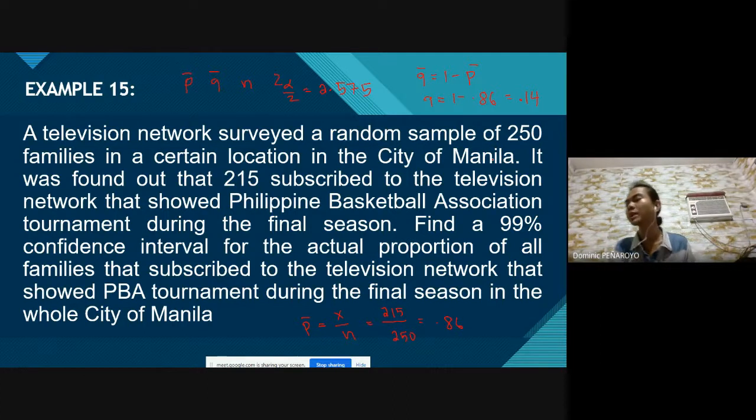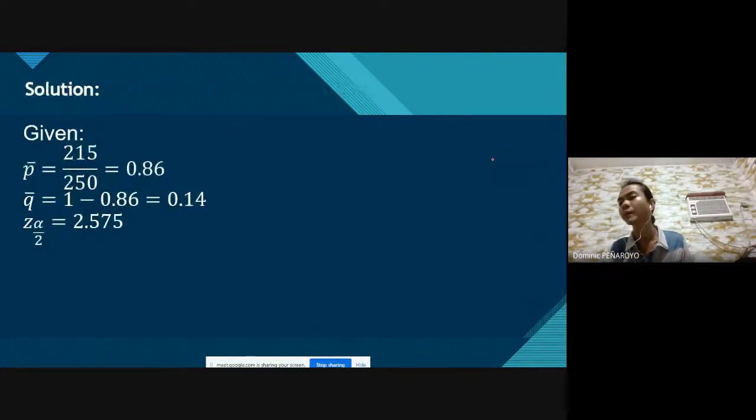So, substitute na lang natin doon sa ating formula. Alright, so eto na ngayon. For P-bar, we have 0.86. For our Q-bar, we have 0.14. For the Z alpha over 2, that's 2.575. And our N is 250.